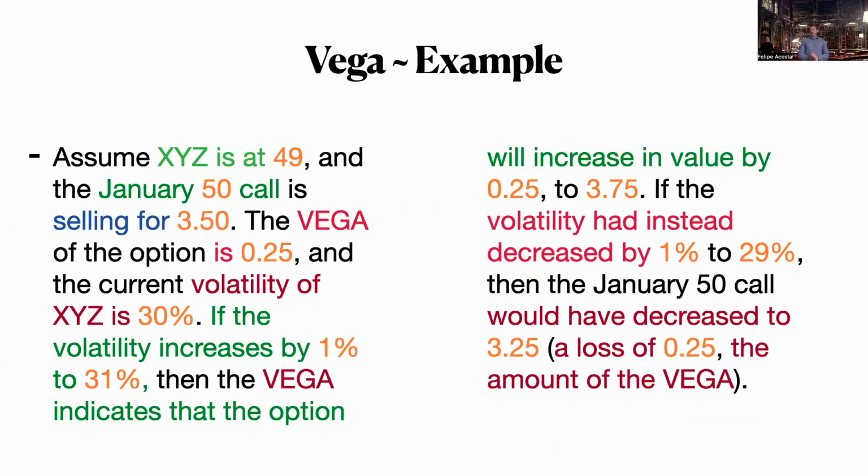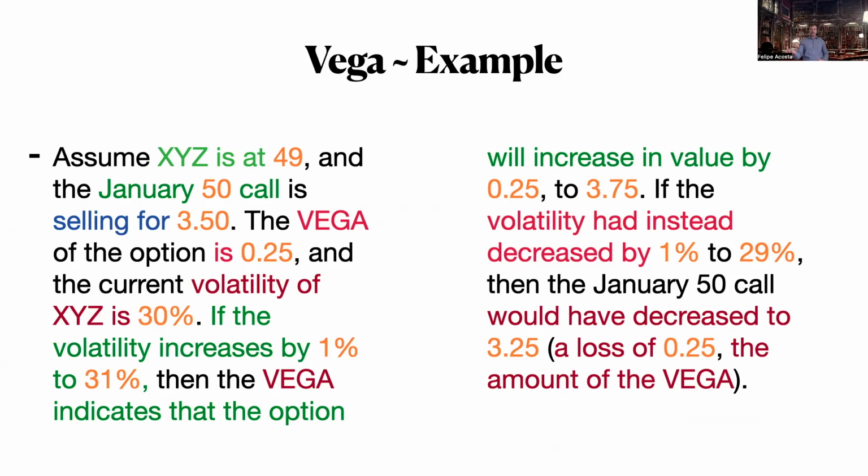So here we have a quick example of how volatility works, right? Let's assume that there's a stock called XYZ, and XYZ is currently at 49. And the January 50 call is selling for 3.50, which is $350.